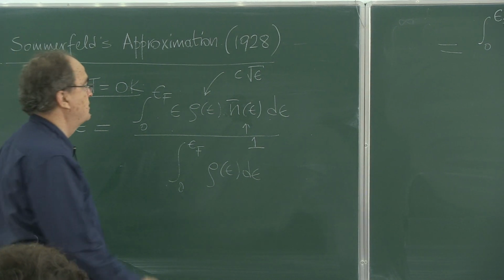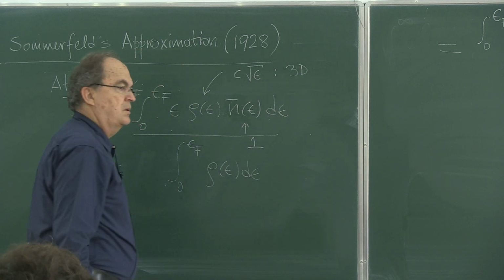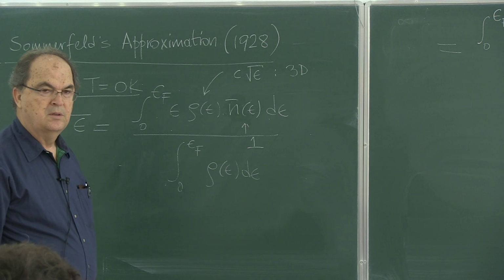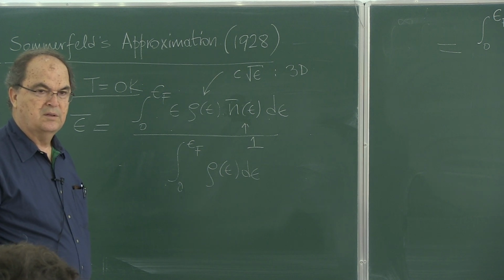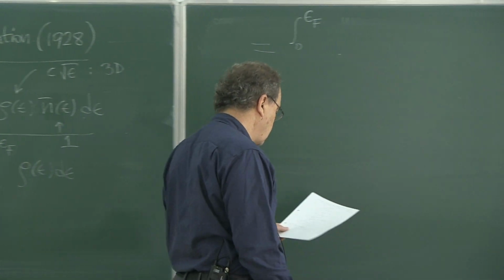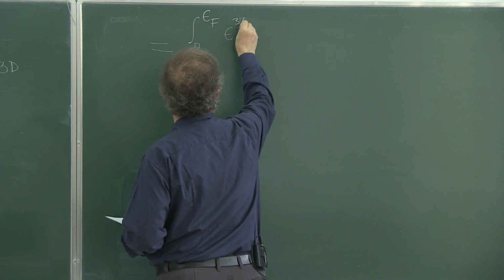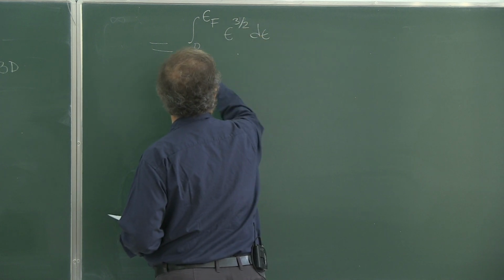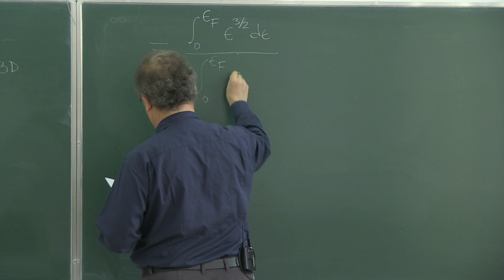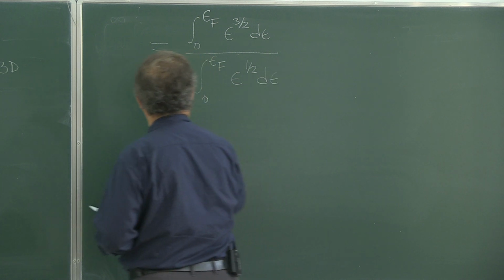That is 3D. In 2D it is constant, and in 1D it is inversely proportional to the square root of energy. You have to know those density of states forms. So this is the integral of E^(3/2) dE divided by the integral of E^(1/2) dE.